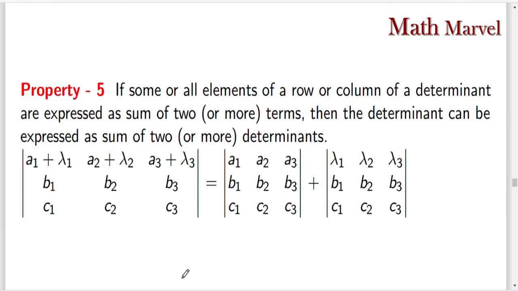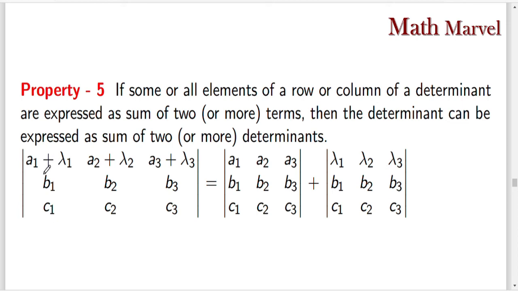Property 5. If some or all elements of a row or column of a determinant are expressed as a sum of two or more terms, then the determinant can be expressed as sum of two or more determinants. According to this property, some row or column. Here we use the first row. If all elements of any row or any column are expressed as sum of two terms.